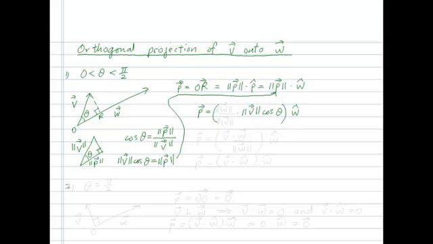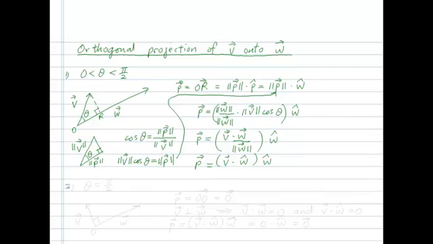So we multiply inside the parentheses by the magnitude of vector W over the magnitude of vector W. Then vector P becomes vector V dot vector W over the magnitude of vector W times the direction of vector W. Vector W divided by its own magnitude is the same as the direction of vector W. Then we have vector P equals vector V dot the direction of vector W times the direction of vector W.